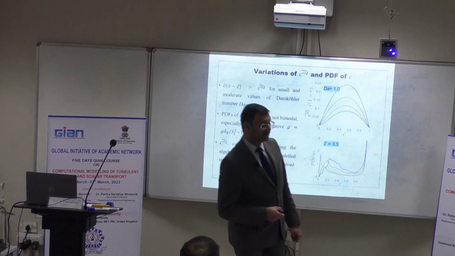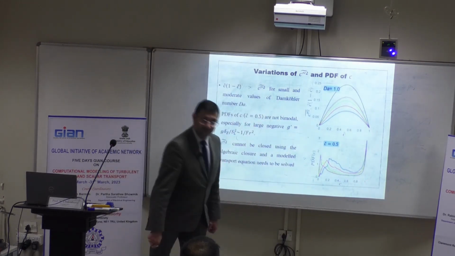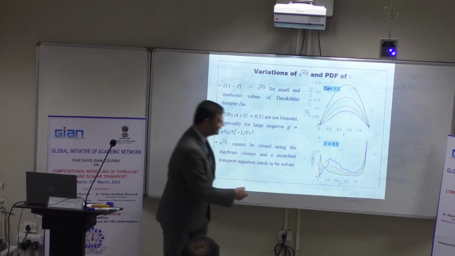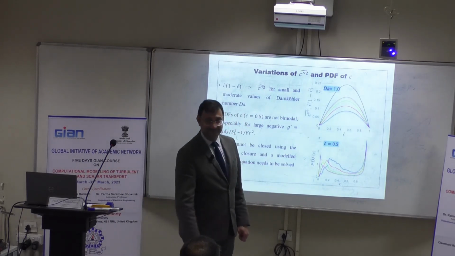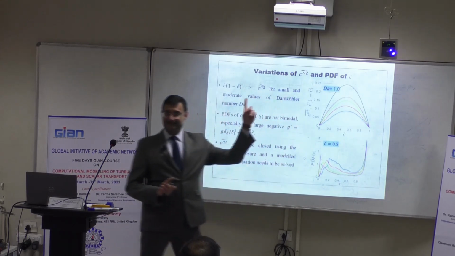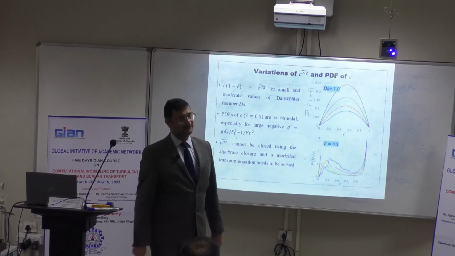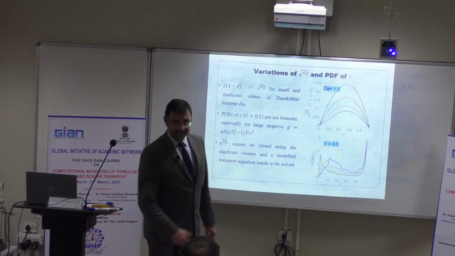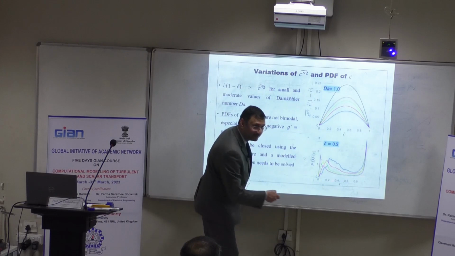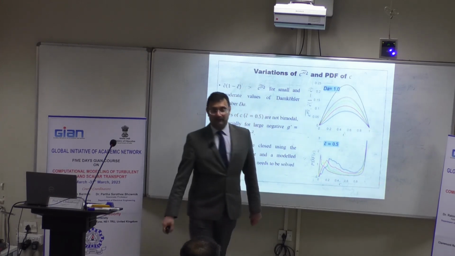If I look at how the PDF actually looks from direct numerical simulation, does it look like a bimodal PDF? Bimodal means you will have a peak at C equal to 0, you will have a peak at C equal to 1. That's not the case, right? There's a considerable probability of finding values between C equal to 0 and C equal to 1.